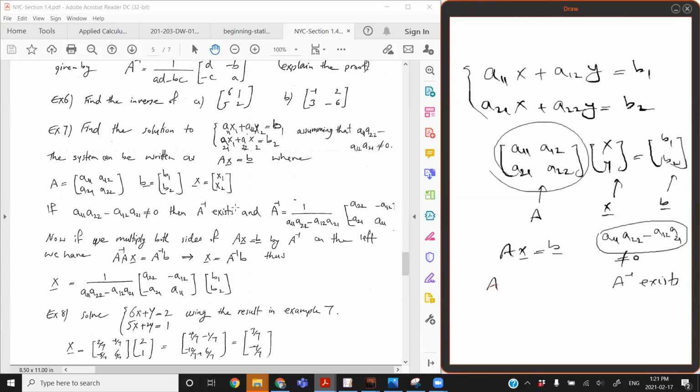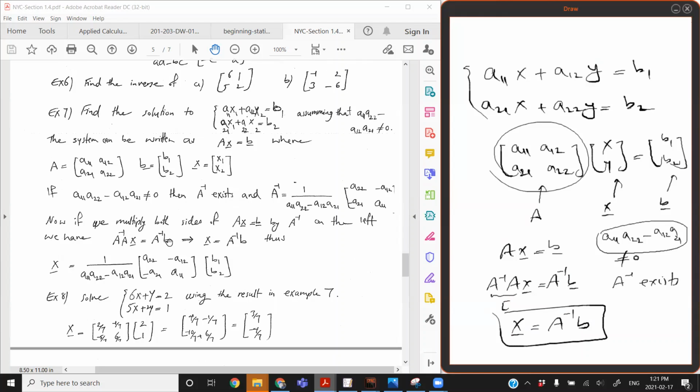So you multiply by A inverse on both sides, and that will give you I times X, which is just X. It's going to be A inverse B. So that would be a method of solving any 2 by 2 linear system, or 3 by 3 or 4 by 4, as long as the inverse of the coefficient matrix exists.